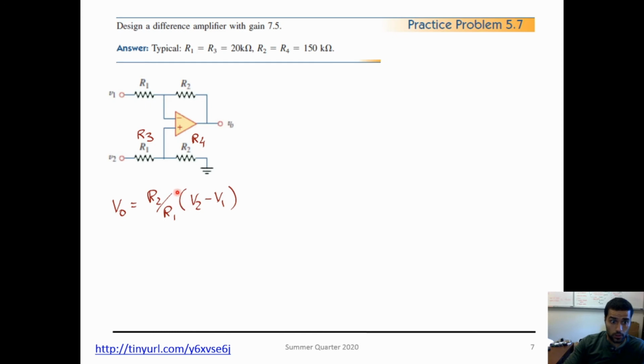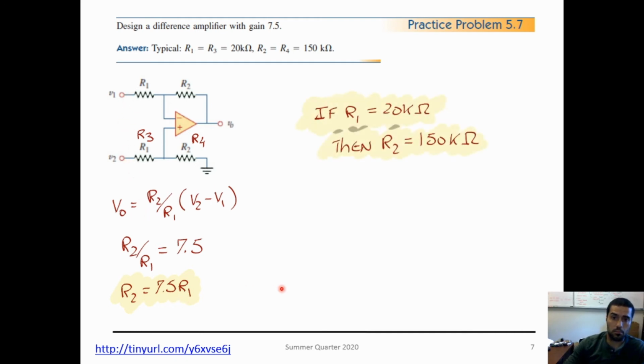The gain is R2 over R1, so all I need to do is set R2 over R1 equals 7.5. Because I don't have any restrictions on my input resistance, I can pick any value of R1 to get R2. In my case, I'm picking 20k ohms, which gives me an R2 of 150k ohms. All right, cool. Remember, I'm doing V2, which is this one, minus that one, times the gain.